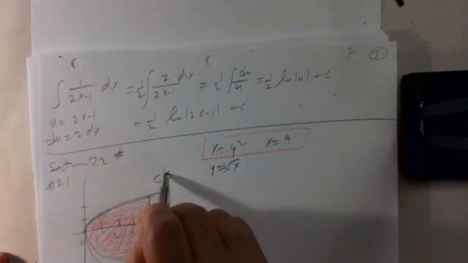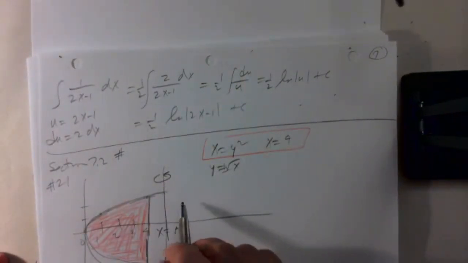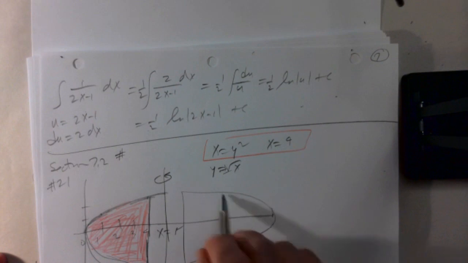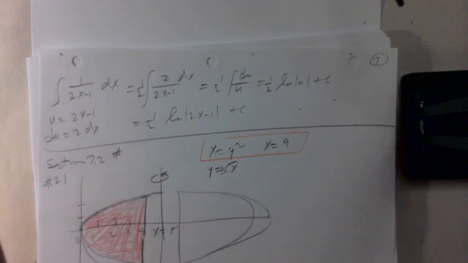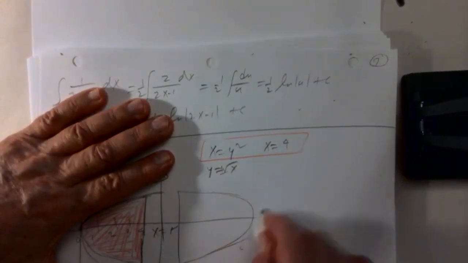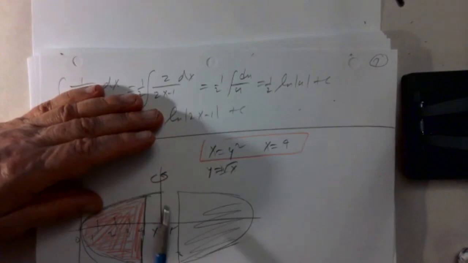And we're rotating it around this vertical line, so we get a solid of revolution that looks like that.